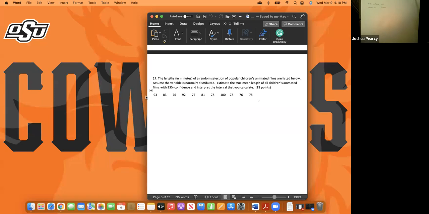What does it say on the top? I'm looking through your distribution table to see what exactly it says. You intersect confidence intervals, and in this case, we're looking at 95%.